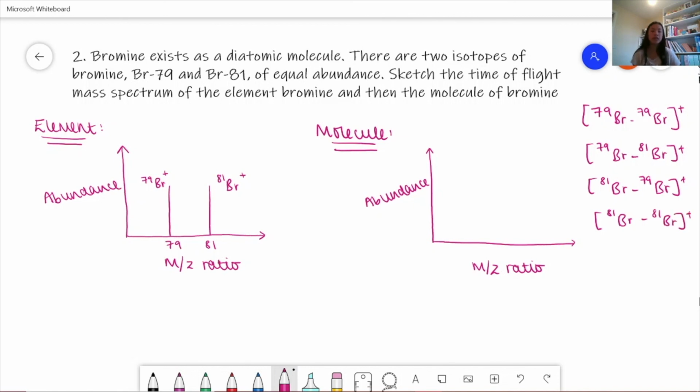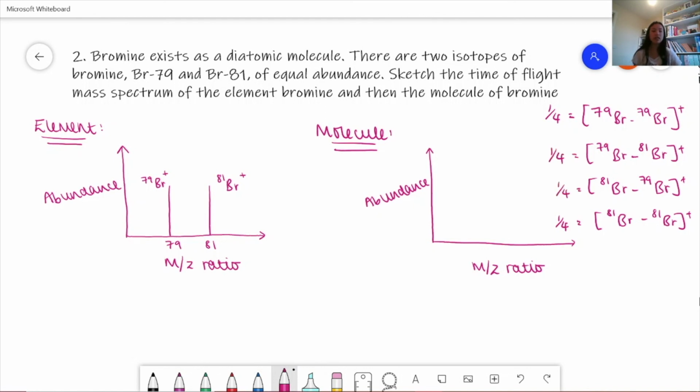So the probability we would have two 79s or two 81s would be a half multiplied by a half. So they would both be a quarter. So the probability of this would be a quarter, and this one would also be a quarter. And then here we would have a quarter again and a quarter again.